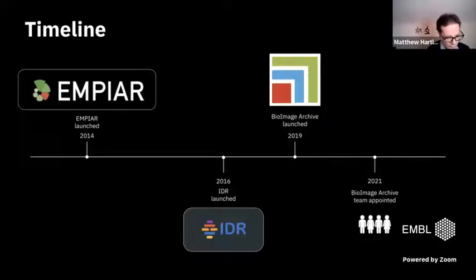It launched in 2014 and is now 7 years old. The IDR launched in 2016, 2017. The BioImage Archive launched 2 years ago in 2019, but this is the first year for which we've had a dedicated development team to run it, which is part of the reason why this webinar was happening now. So the BioImage Archive is the youngest of the resources, but it's actually growing quite rapidly.